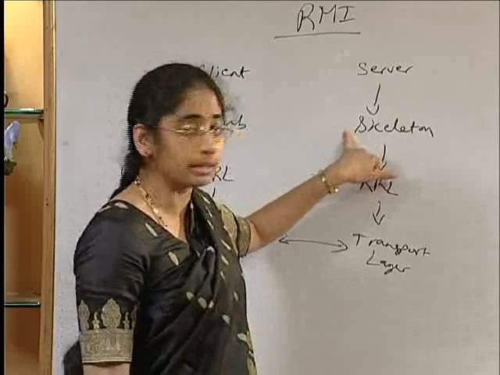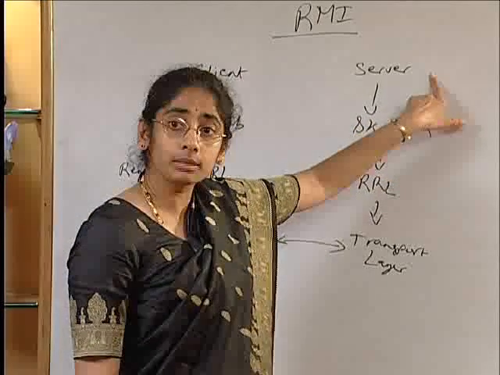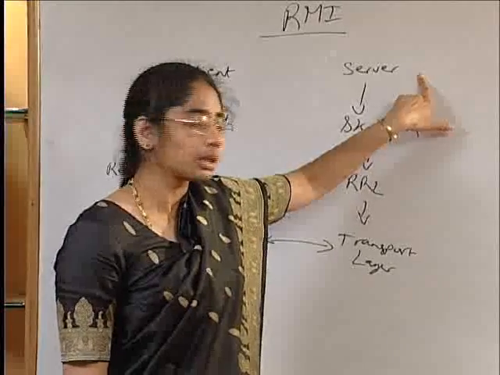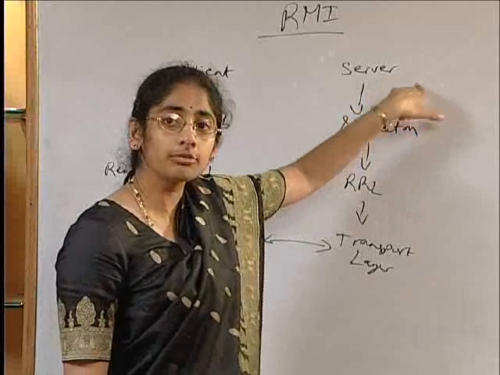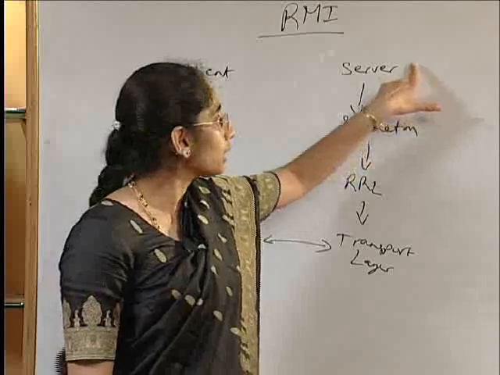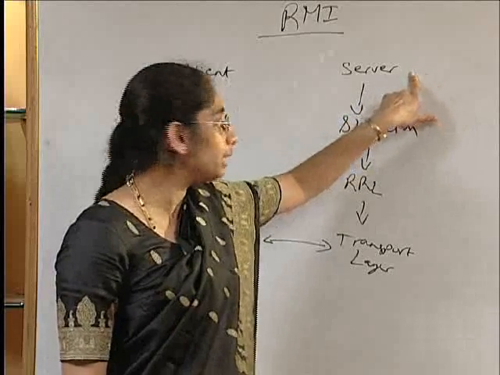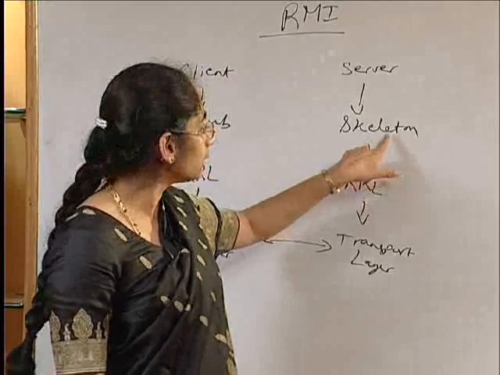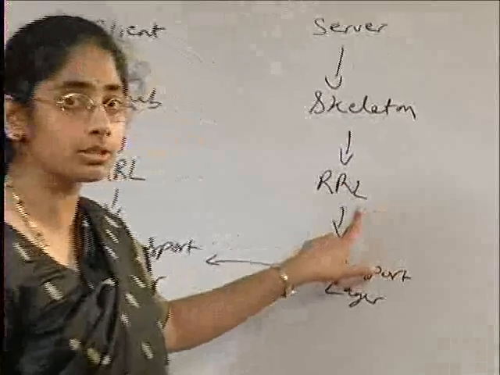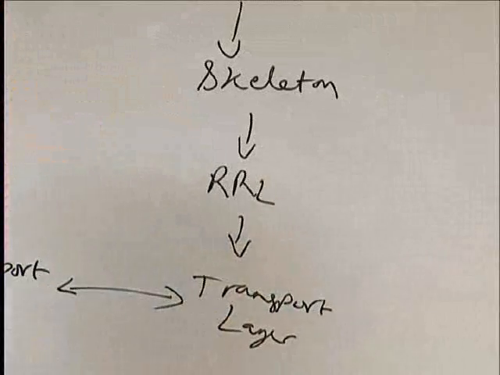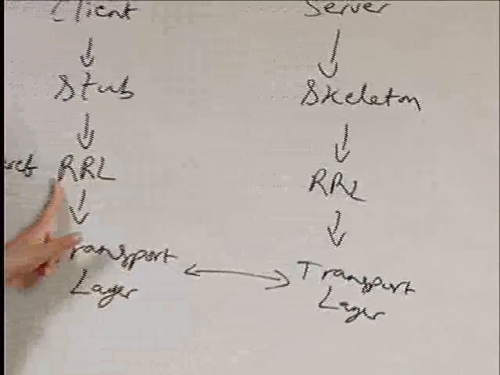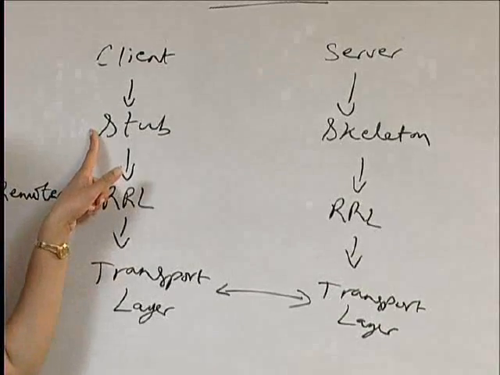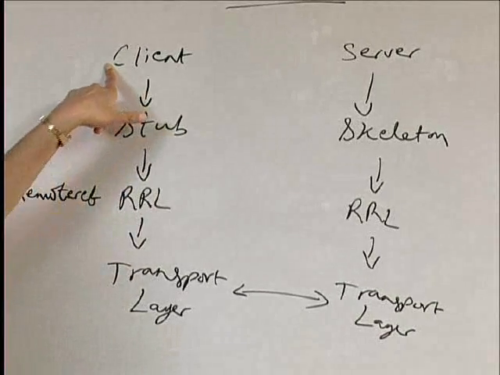The skeleton then invokes that particular method on the appropriate remote object. The method gets executed therefore at the server. The result of the method is passed back to the skeleton. The skeleton again passes it back to the RRL, to the client side, and the result is given to the stub. The stub produces the result to the client.